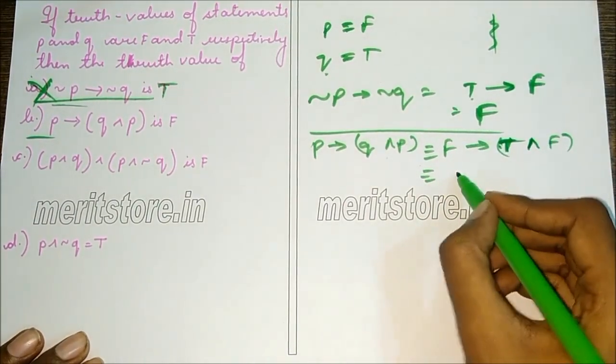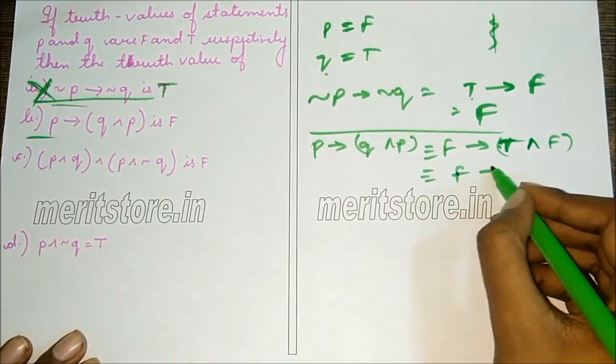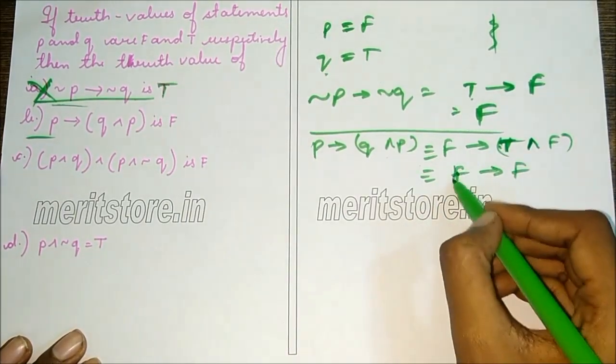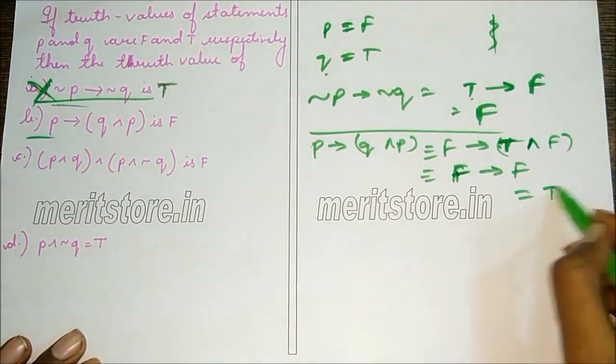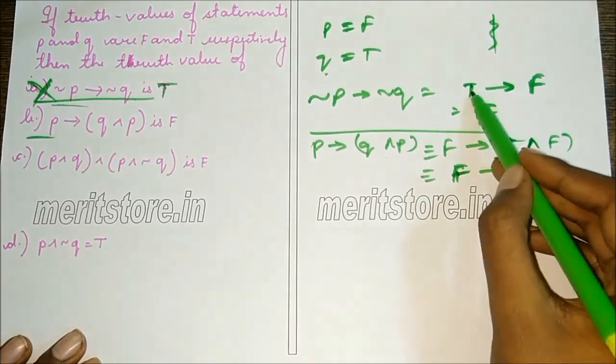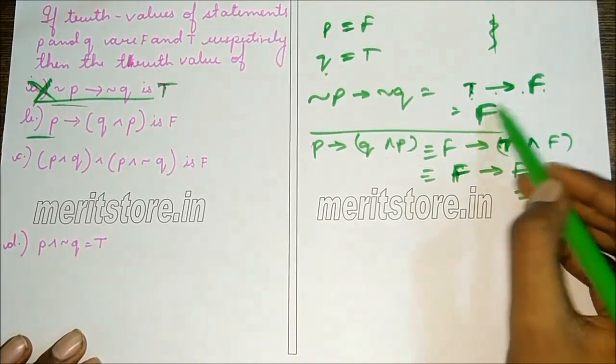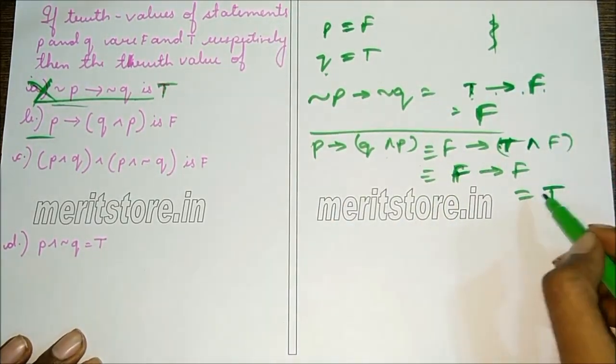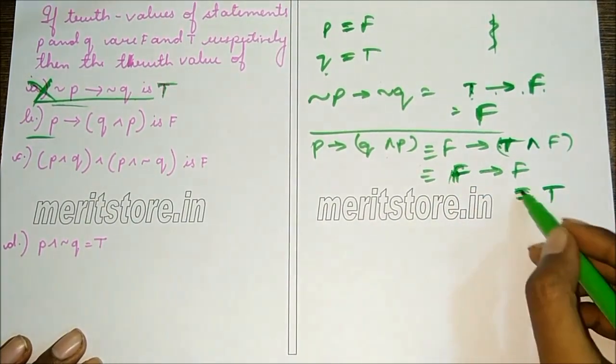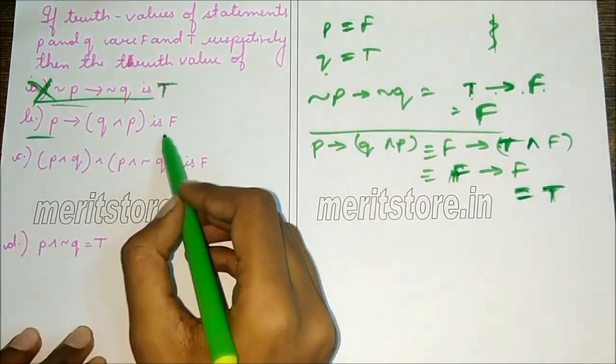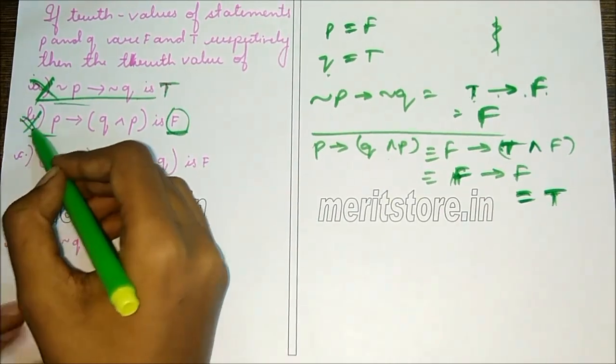So here it is false, so it is F implies F. So F implies F is true since only true implies F has a false value, otherwise it is true. So for the conditional statement it is true, but it is given it is false. So option B is also wrong.